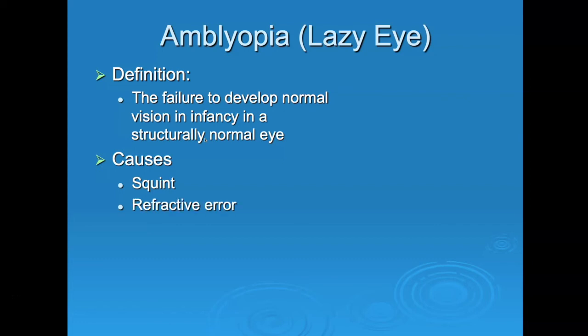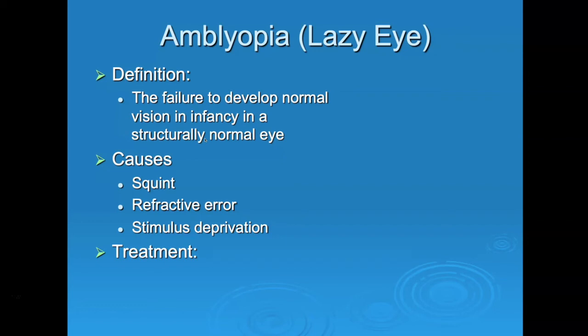It can be caused by refractive error, whereby the blurred vision of one eye is not corrected by glasses early enough in childhood. It can be caused by the signal not getting to the optic nerve in good condition, for instance due to congenital cataract.